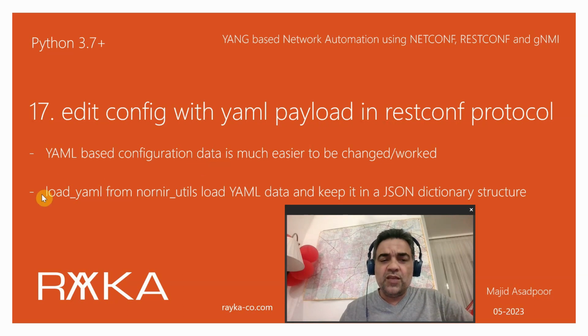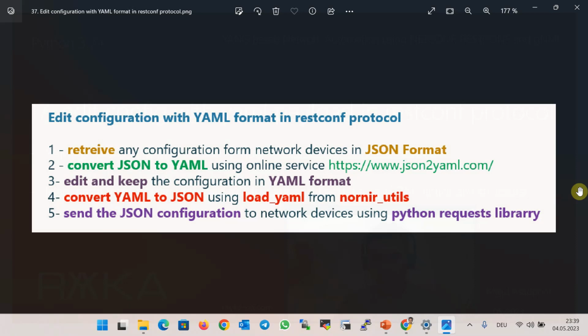We will use load_yaml from the nornir_utils Python library to load YAML configuration data and keep it in a JSON dictionary structure, which can be directly uploaded to the network devices. In fact, it is not easy to keep the configuration data in XML or JSON format, and the easiest way to store the configuration is in the format of YAML.